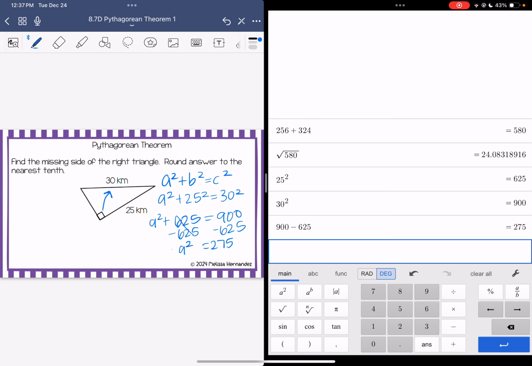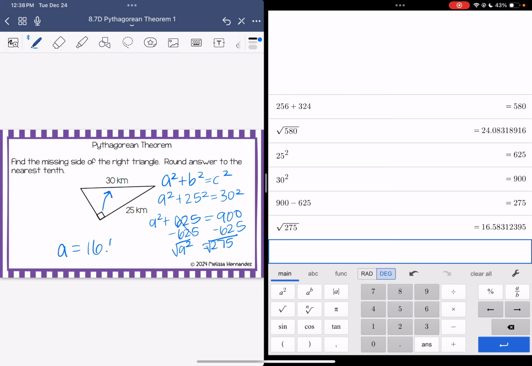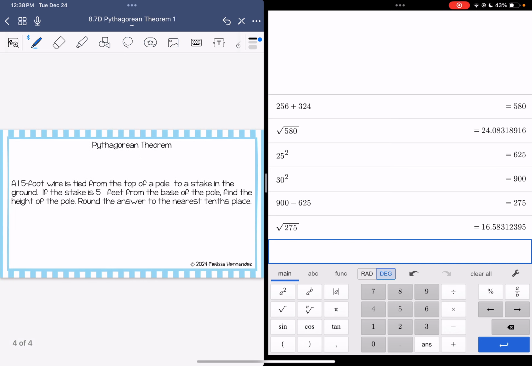So that means I need to do the square root of 275. And then this is where we'll round to the tenths place. In this case, the second number is 8, and that's 5 or above. So that means it'll go up to 16.6 kilometers.